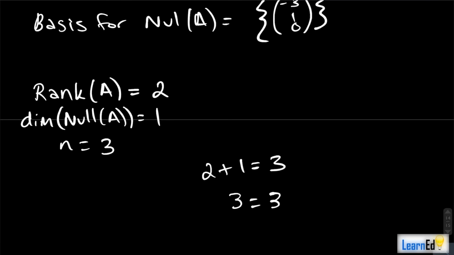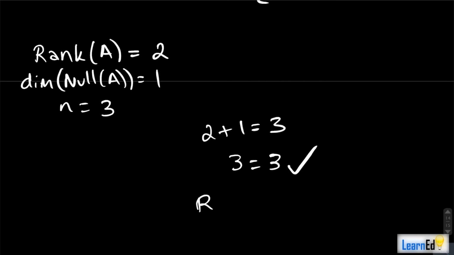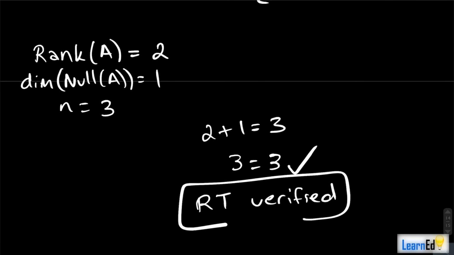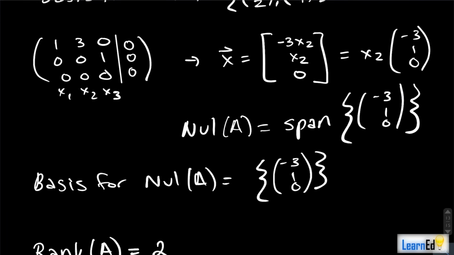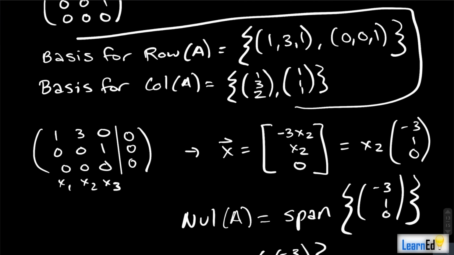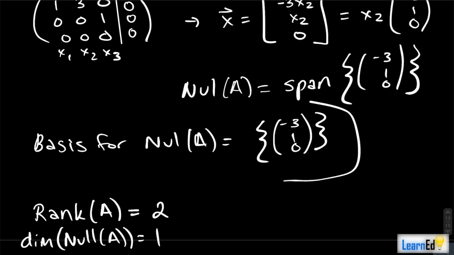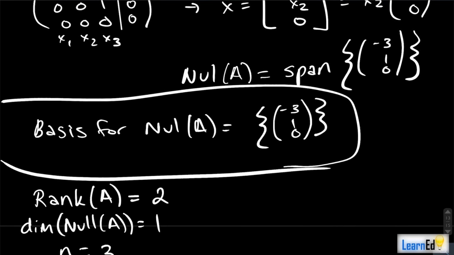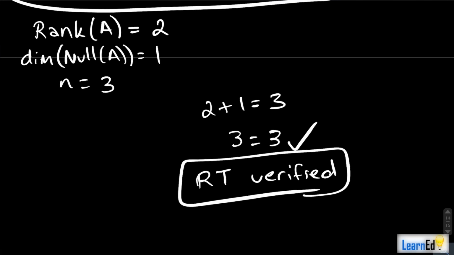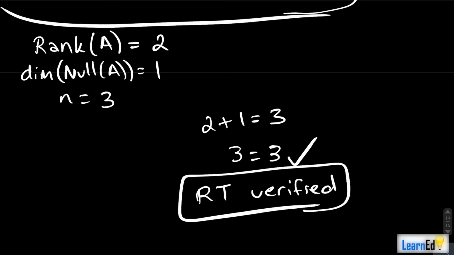Rank theorem verified. Okay, so we have all 4 things now. We can circle these, and we have that the rank theorem was verified. That is all for problem 22.